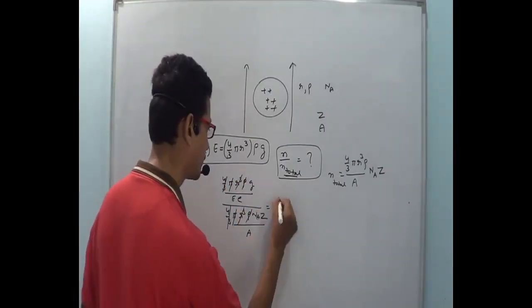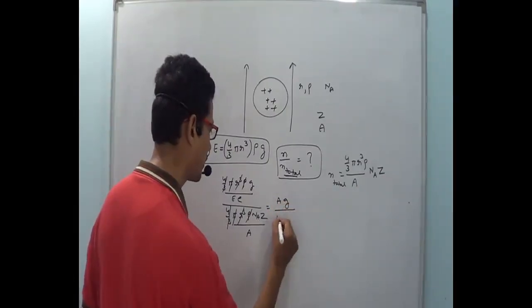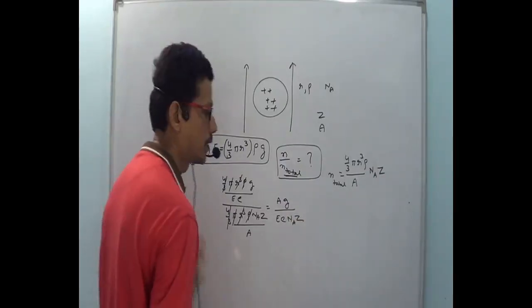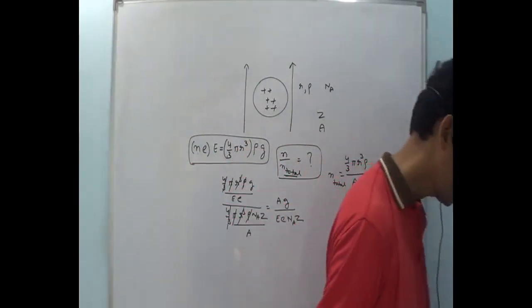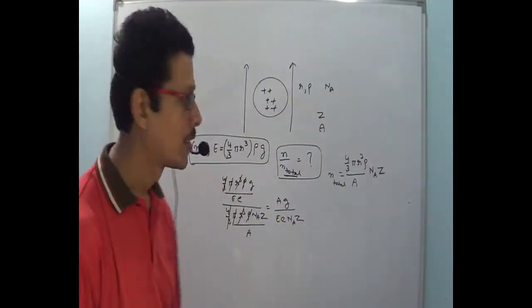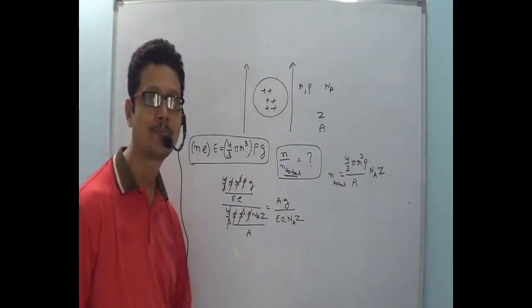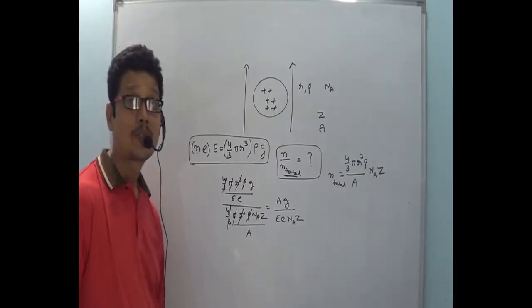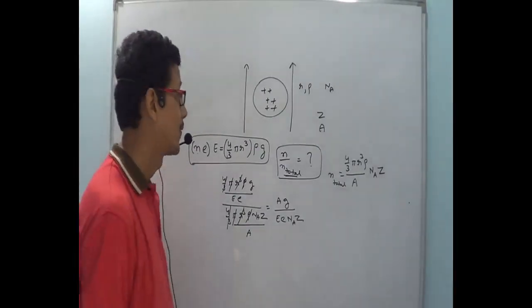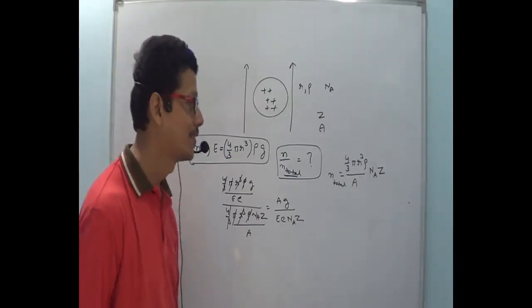A will go up, Ag divided by E into A into Na into Z. So that is the answer. The third option is correct. Done. Note down this. Take a screenshot. This is the 7th question. Next we'll go for the 8th question.